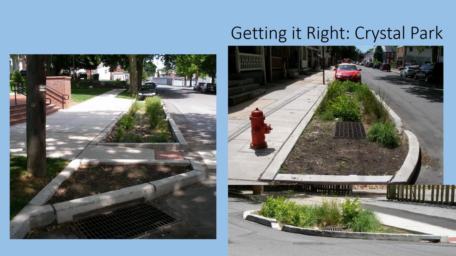You can kind of see in the top right picture that that inlet is set significantly higher than the inflow curb cut, and water would actually come through this intersection far enough that it would bypass that inlet and actually spill over the curb. The plants also look very similar to what you might have seen in that first attempt at Plum and Walnut. This was built around the same time. So it was the same kind of issue in that we had the wrong plants for the wrong soils, but we also had some more grading challenges in this one. Next slide.